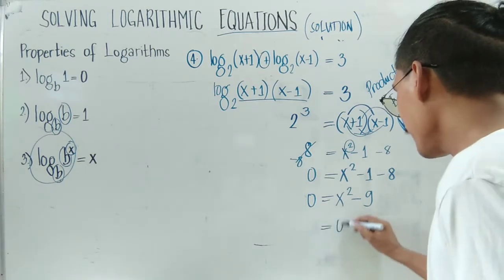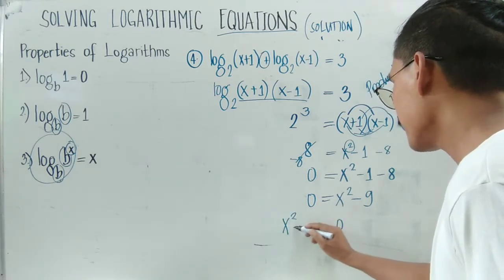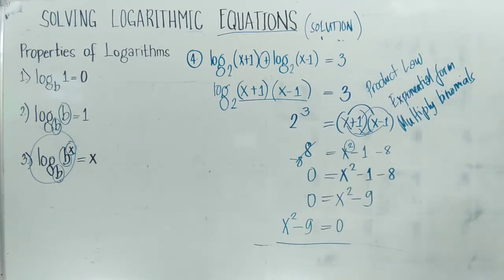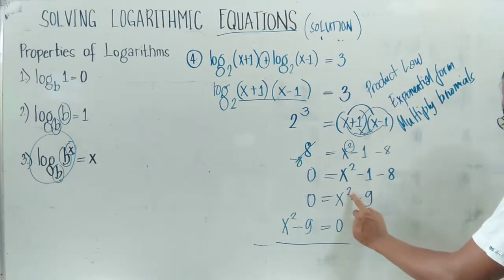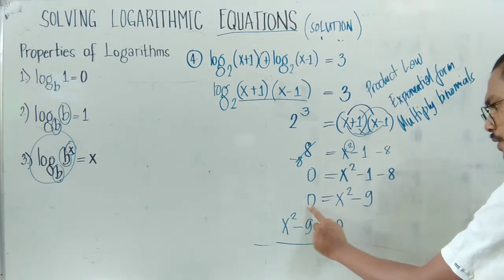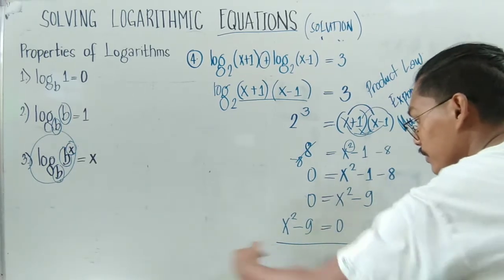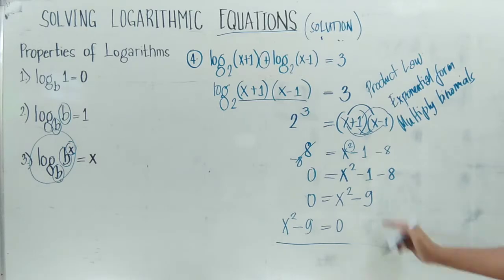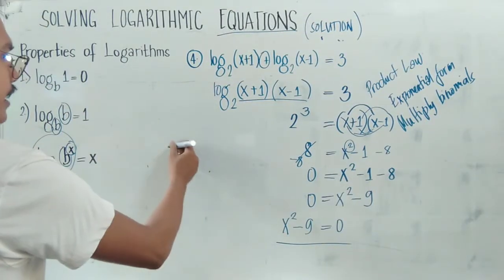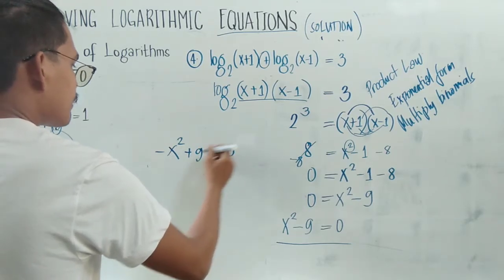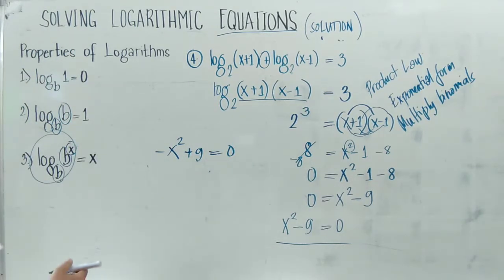It can be written as x squared minus 9 equals 0. Again, it is the same. Okay? If somebody writes it as negative x squared plus 9 equals 0, it is correct.